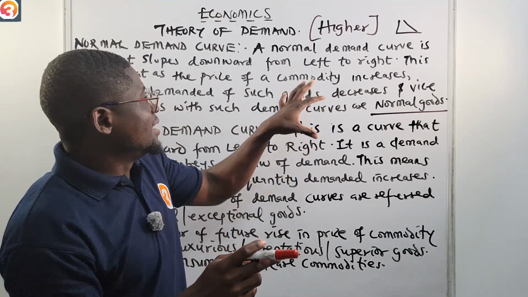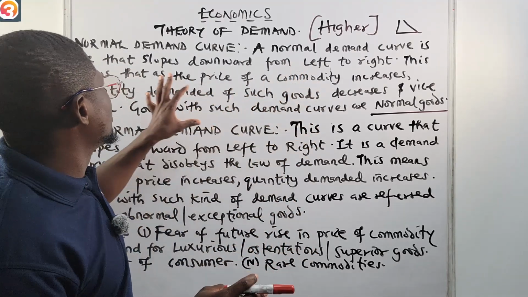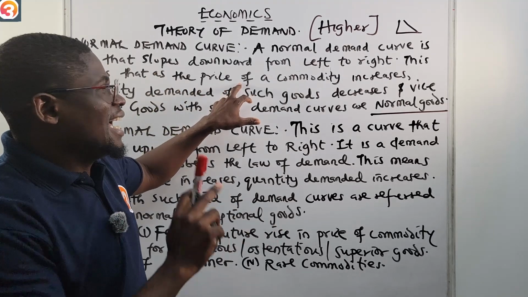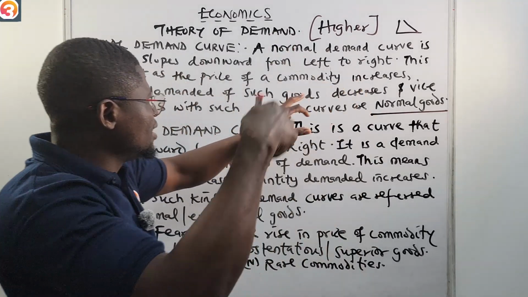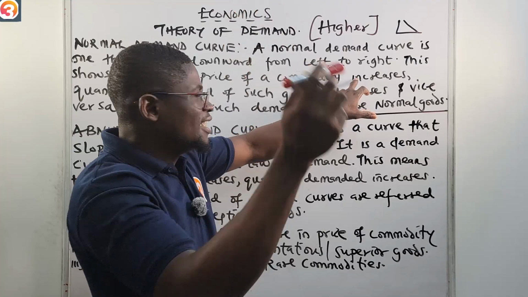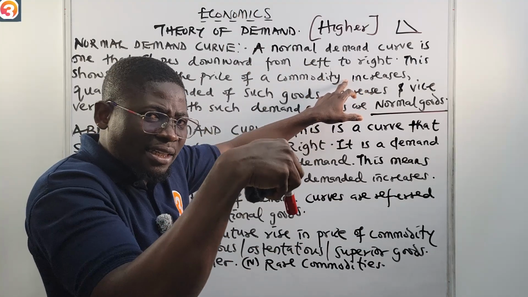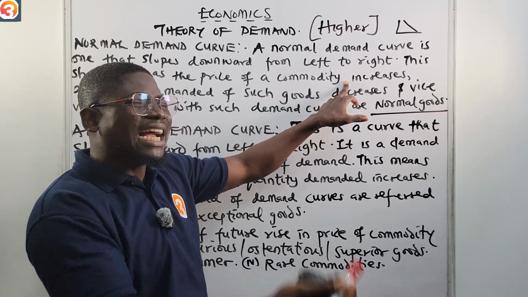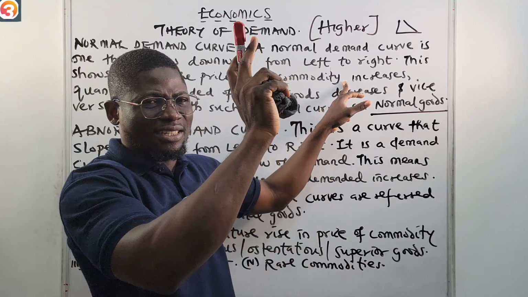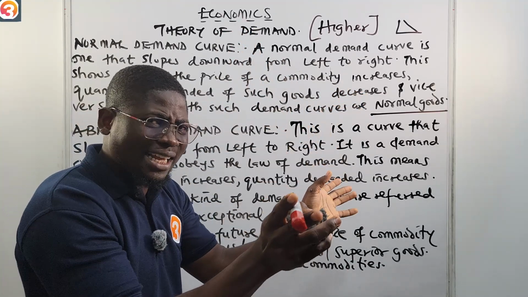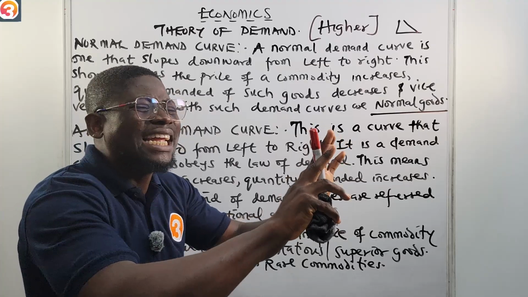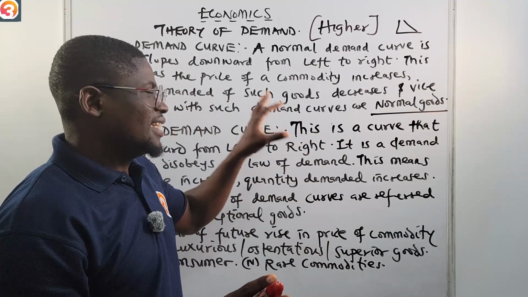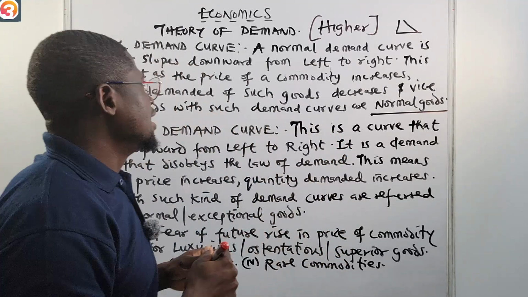It shows that as the price is increasing, the opposite happens: the quantity demanded is decreasing. You can see that they are opposite. We say there's an indirect relationship between the price and the quantity demanded.